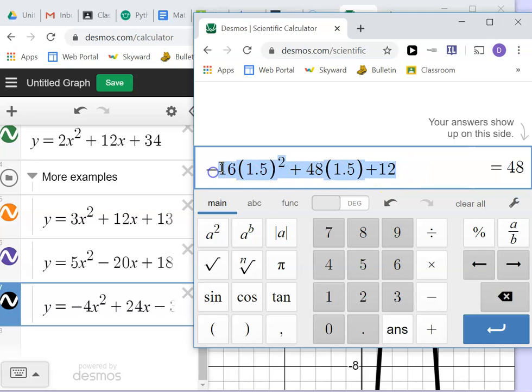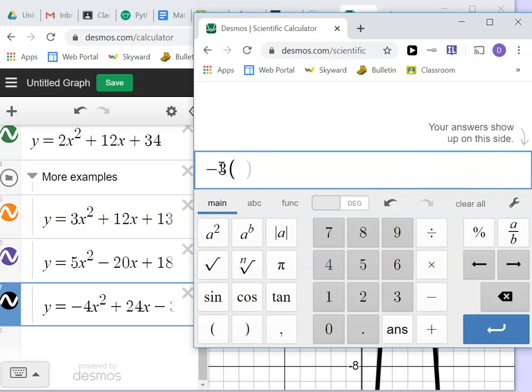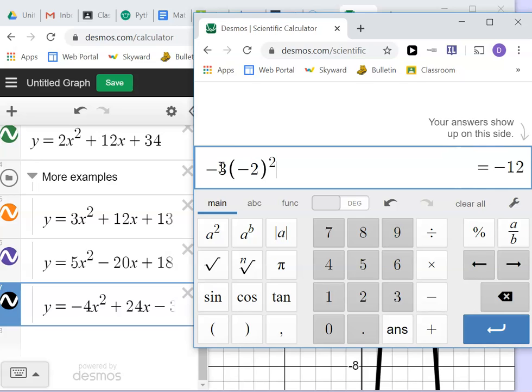and clear this, and we'll make this 3 times -2 squared plus 12 times -2 plus 13. Oh, I have an accidental negative right here. There we go. And we get 1.